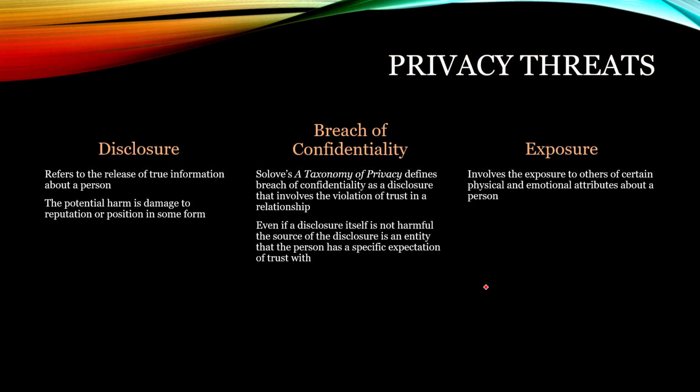So privacy threats also include disclosure, breach of confidentiality, and exposure. The disclosure is, again, releasing true information about a person that might be harmful. Breach of confidentiality normally defines a breach as disclosure that involves the violation of trust. Exposure involves the exposure to others of certain physical and emotional attributes of an individual that were meant to be kept private.